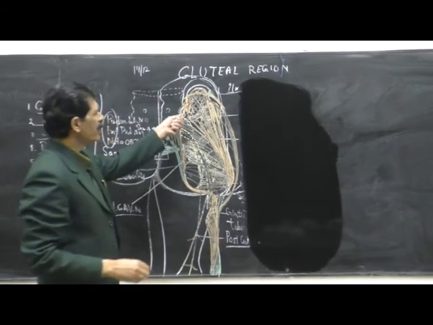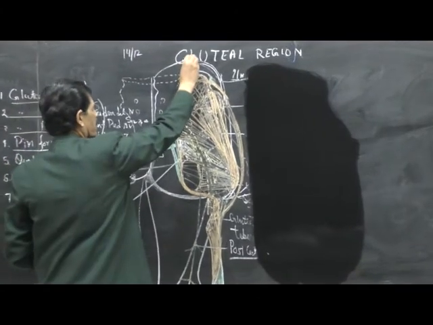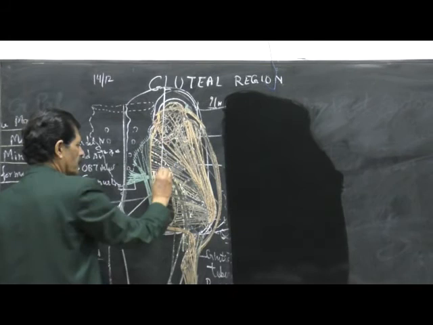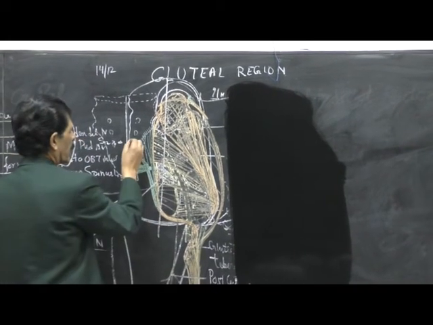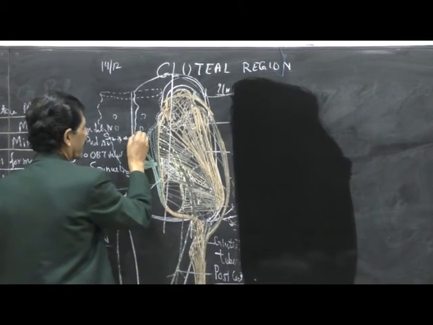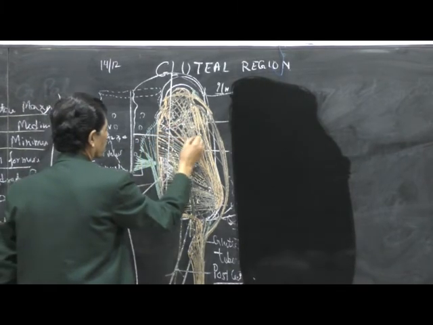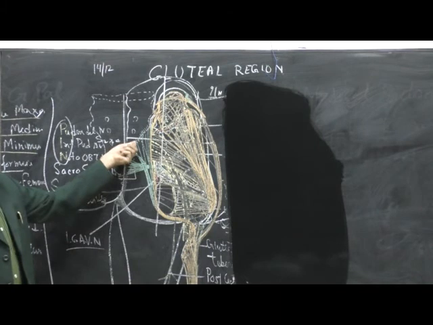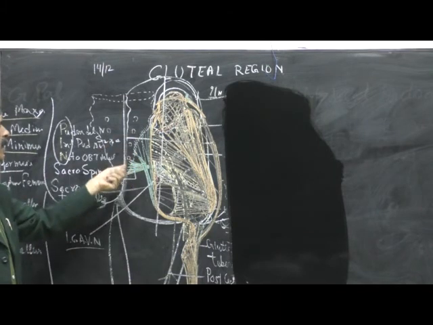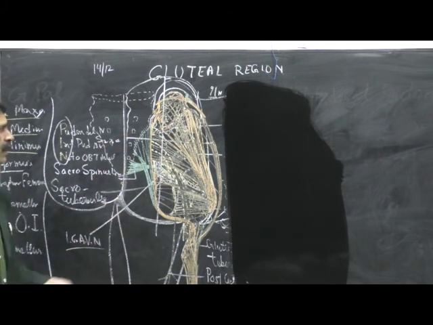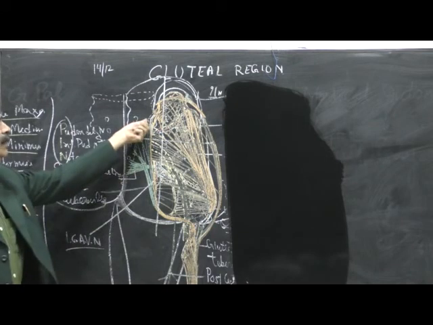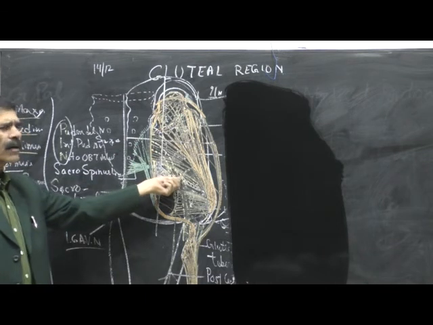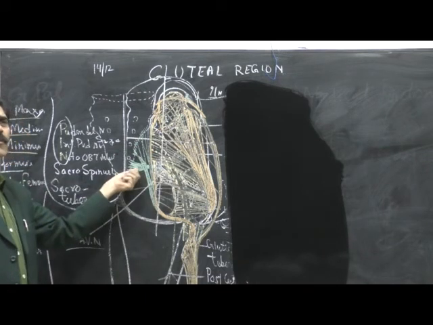So we divide the gluteal region into 4 quadrants by a vertical line in the middle of the gluteal region, and another horizontal line we take from the middle of the sacrum. So one vertical and one horizontal line divide the gluteal region into 4 areas: upper medial and upper outer quadrant, lower outer quadrant, and lower inner quadrant.